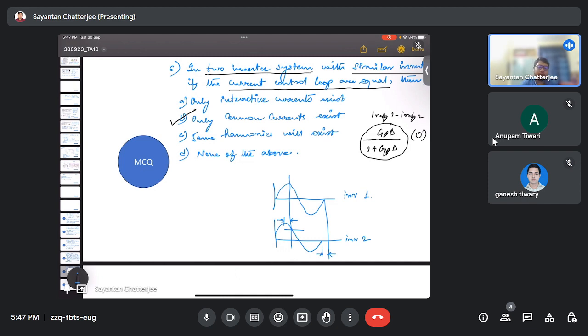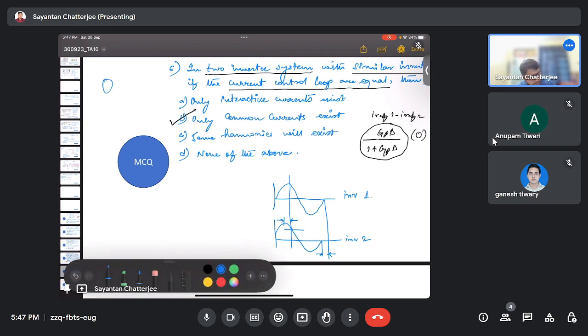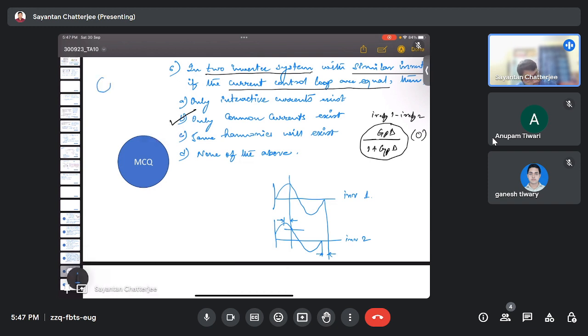This is a similar case to the parallel operation of synchronous generators. It's a similar fashion, the parallel operation of inverters. If both of them can't synchronize at the same point of time, take the analogous example of synchronous generators.